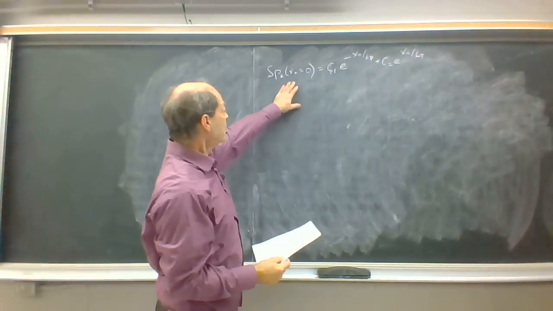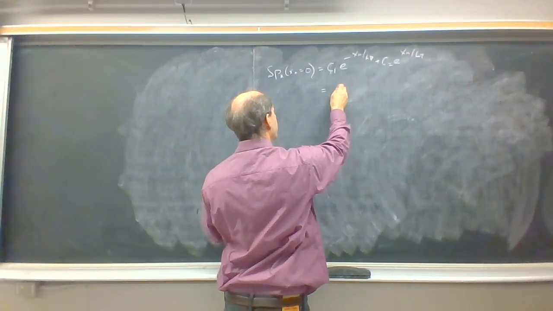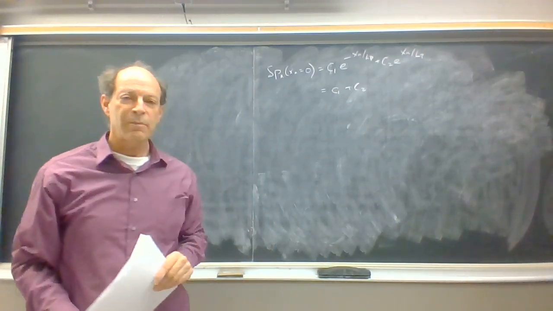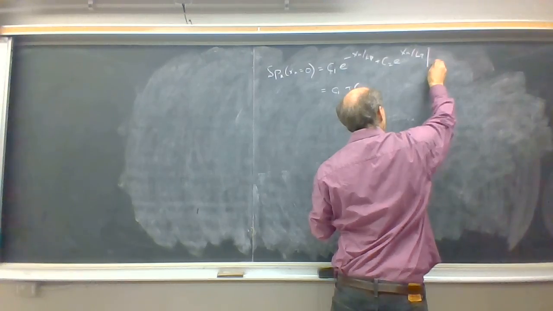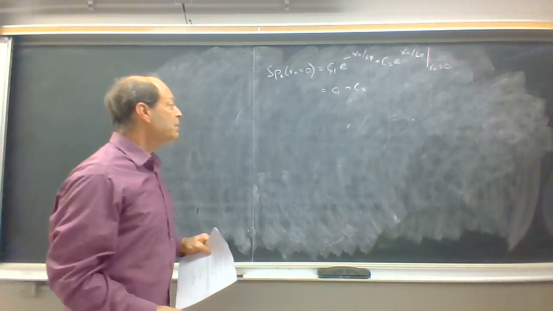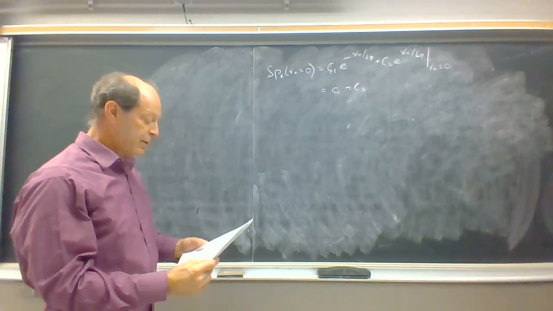First of all, at x sub n equals 0, the result is just C1 plus C2 because x sub n equals 0. So those two exponential functions become 1, and you just get C1 plus C2.